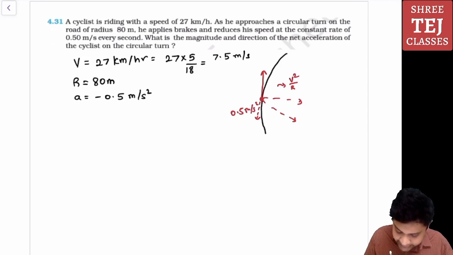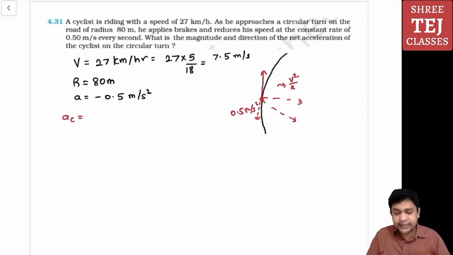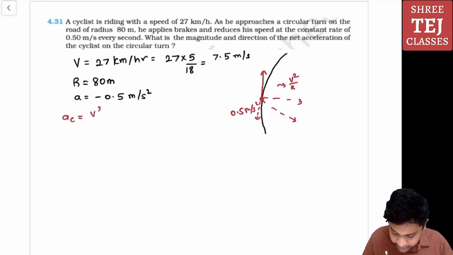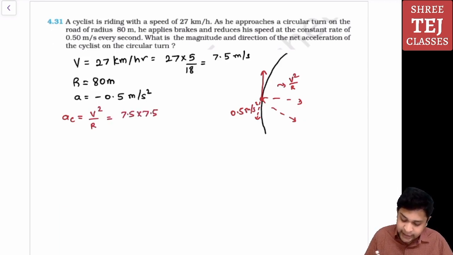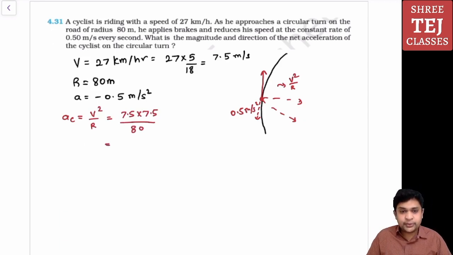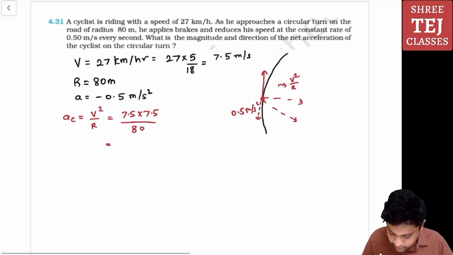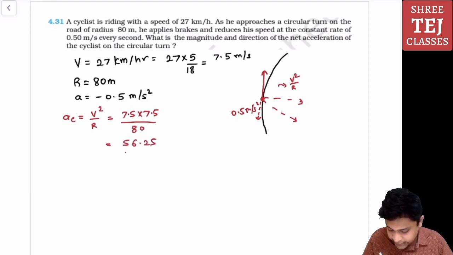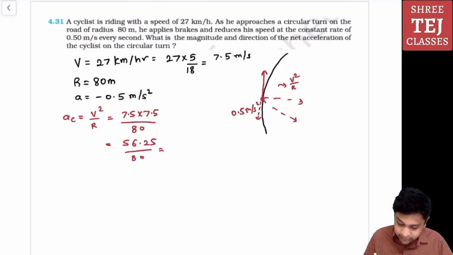So centripetal acceleration a_c towards the center is v square by r. So this is 7.5 into 7.5 divided by 80. So this would be 56.25 divided by 80. So this is 5.625 divided by 8.